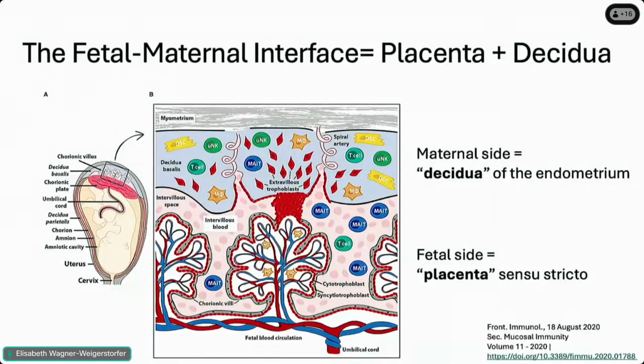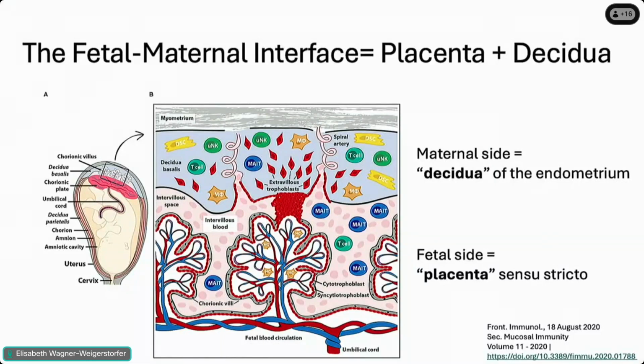And in many cases, the fetal-maternal interface is just an apposition of fetal cells and maternal cells, but in more developed and invasive placentations, like in the human, there is actually an interdigitation between fetal cells and maternal cells, as you can see here.